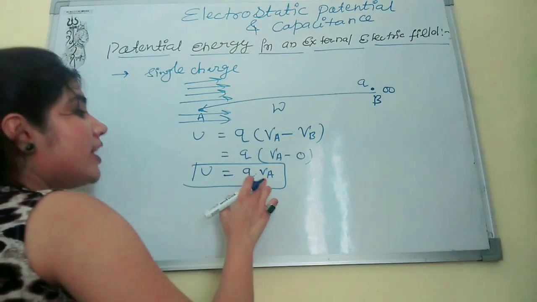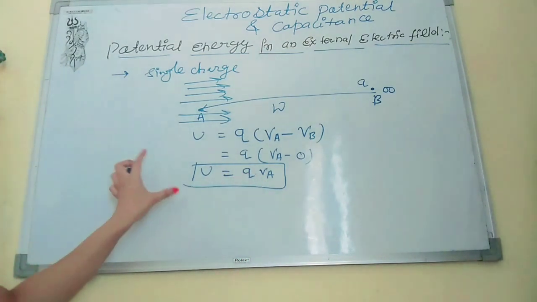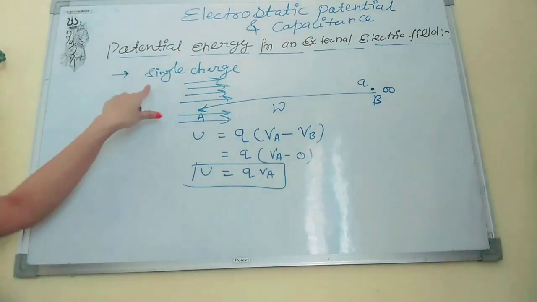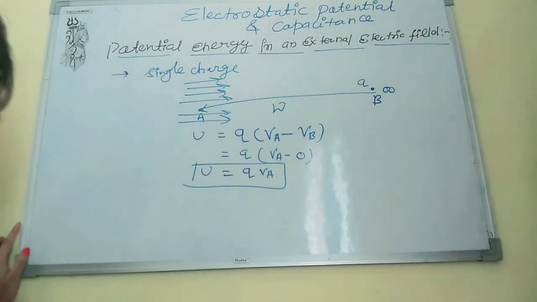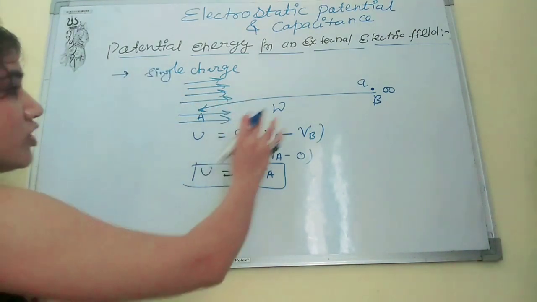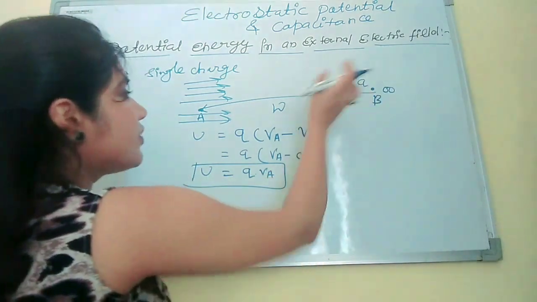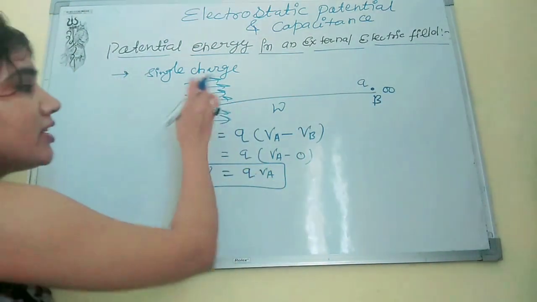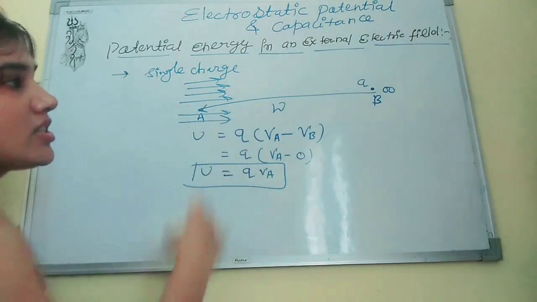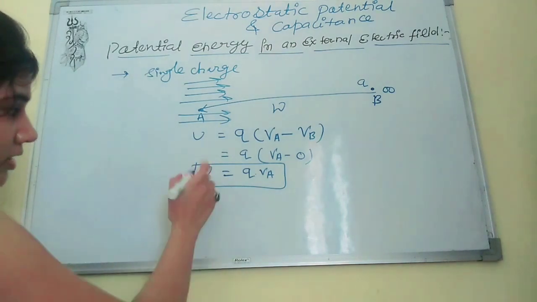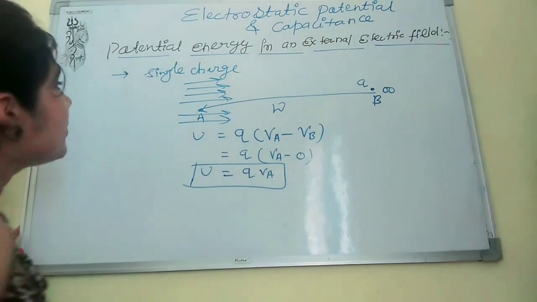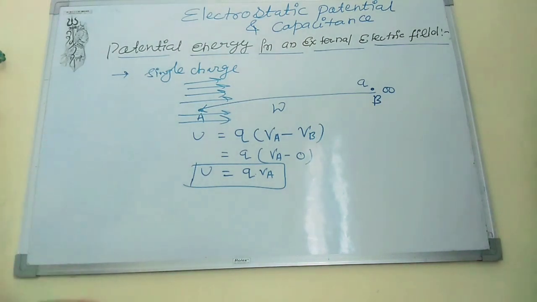So this is the potential energy in external electric field because of a single charge. Okay, we have just brought this single charge from infinite to this certain point. This point is placed in external electric field. Okay, now we will see the potential. Just note it down or take a screenshot.